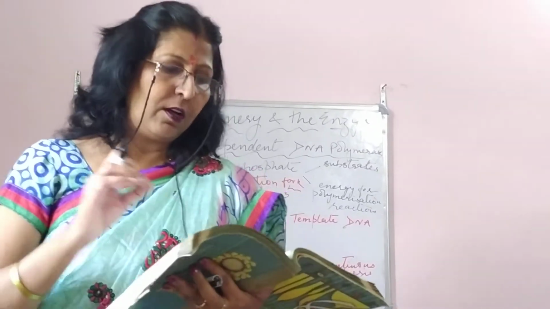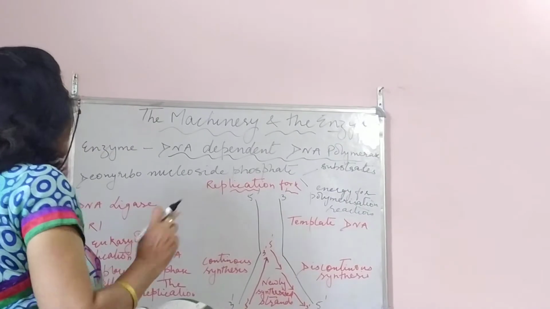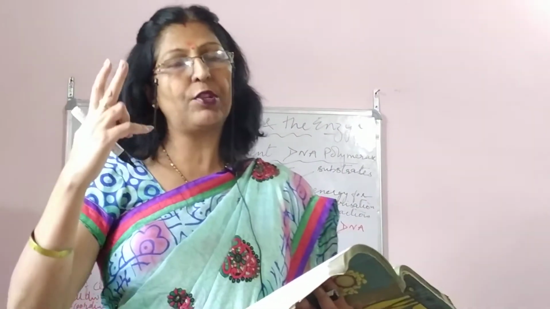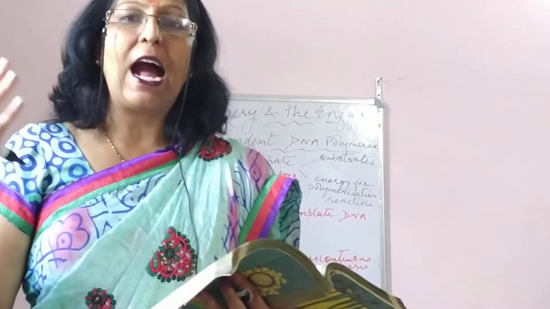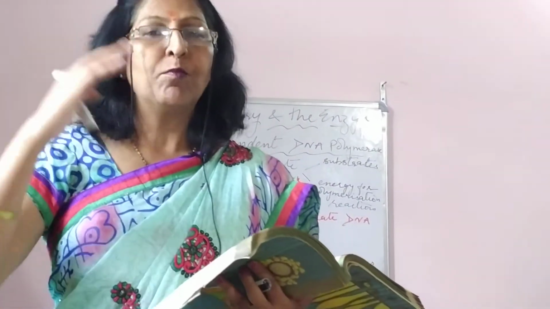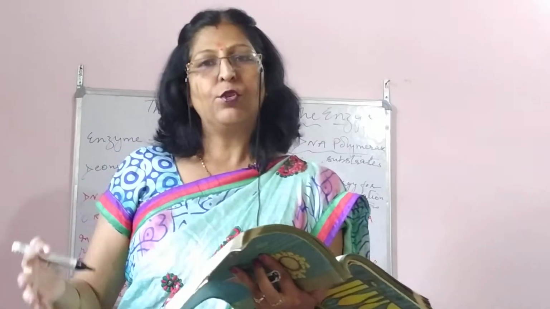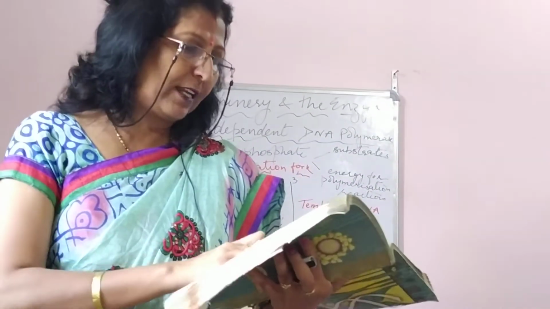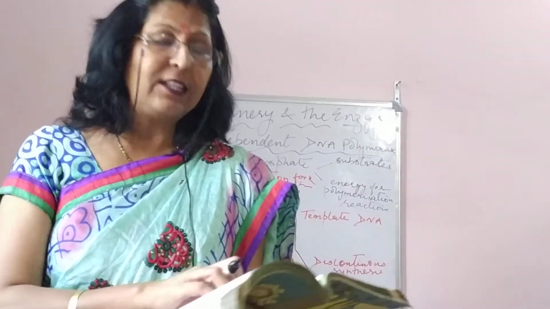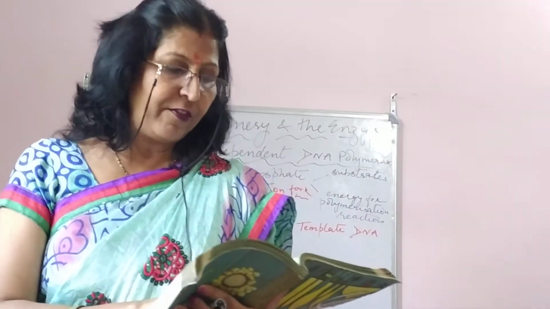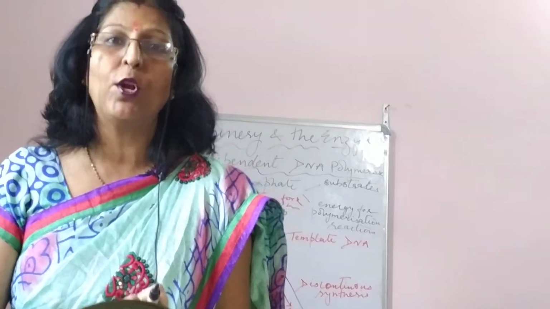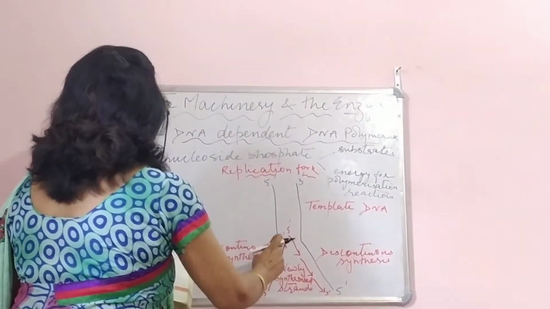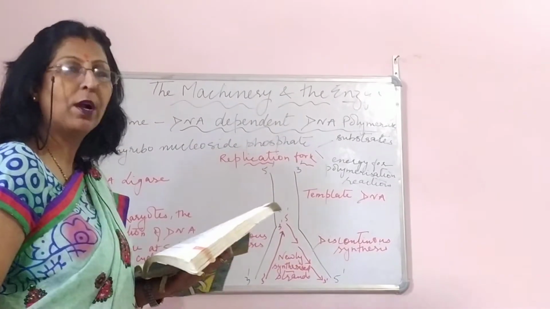When we talk about replication, the two strands of DNA act as template. When they replicate, both of them will act as templates to form another strand, the complementary strand. These enzymes are very efficient in catalyzing the polymerization. It means this strand is our original strand, and the other strand will be formed here.